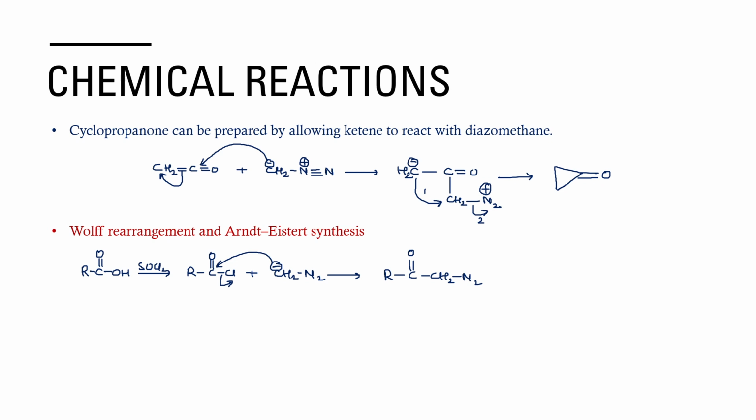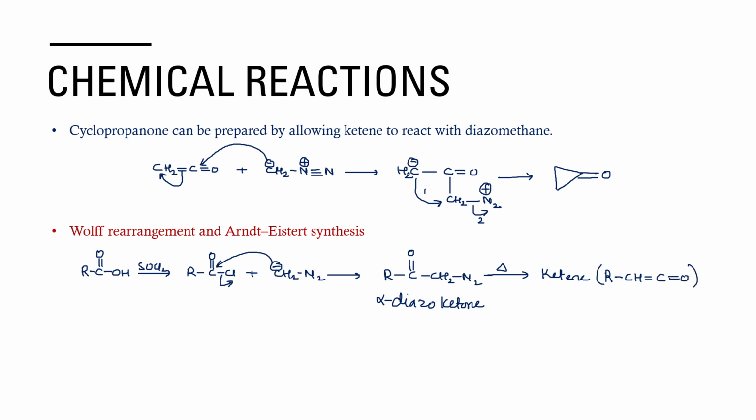And this is known as an alpha diazoketone. If this is heated, you would be getting a ketene, RCH=C=O.